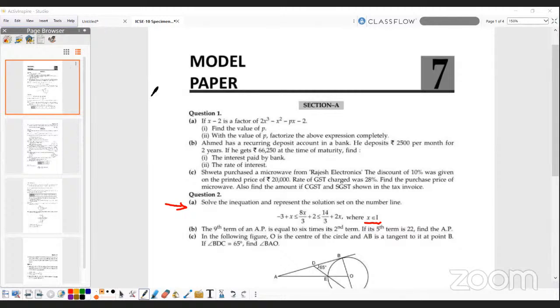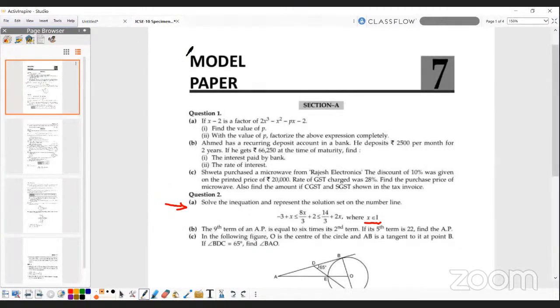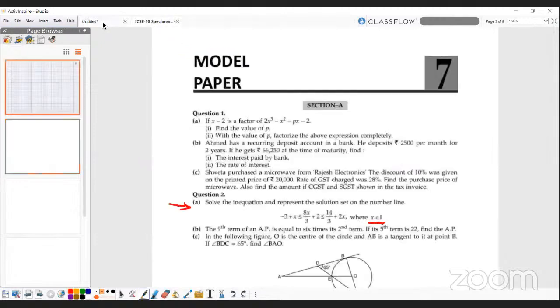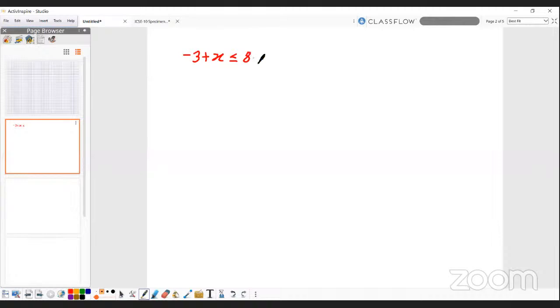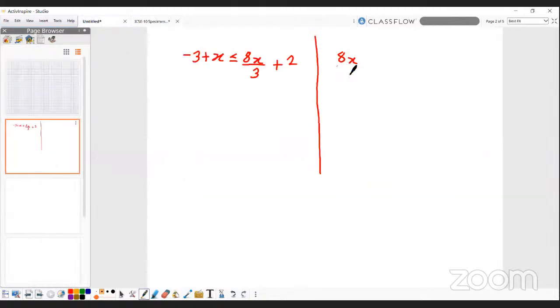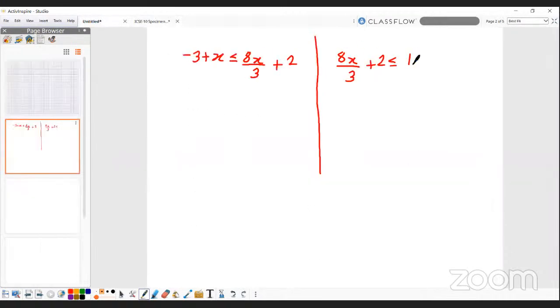So you see, as I have told you, just solve the inequalities separately. So the first one was minus 3 plus x less than equal to 8x upon 3 plus 2, and the other one is 8x upon 3 plus 2 less than equal to 14 upon 3 plus 2x.